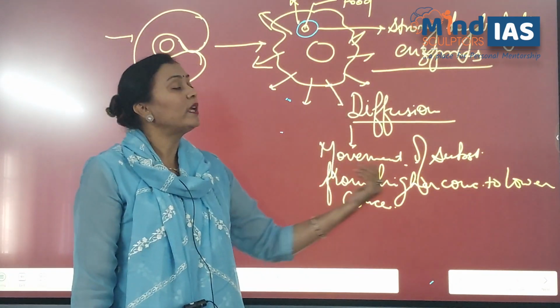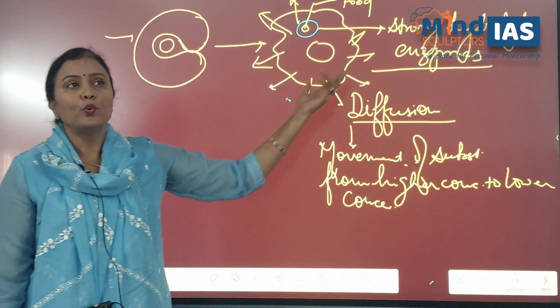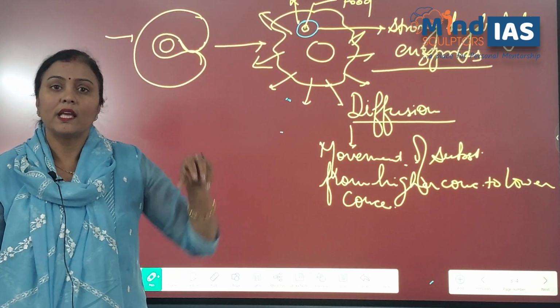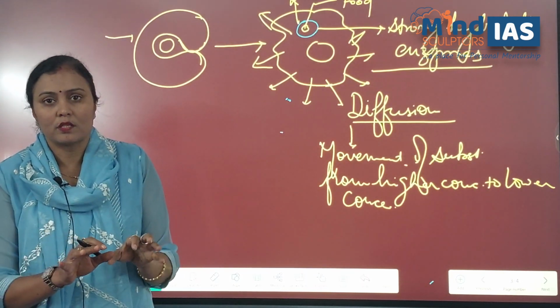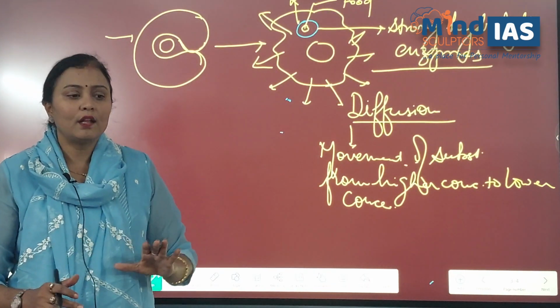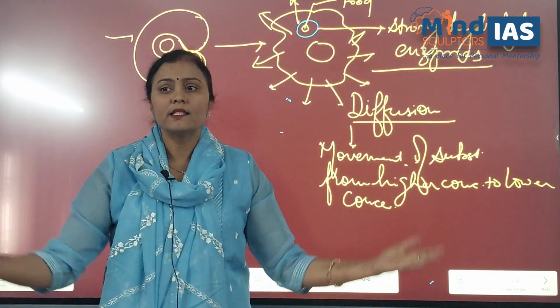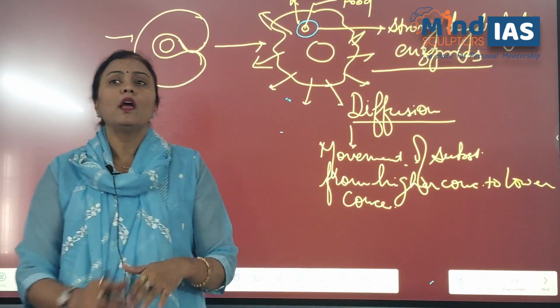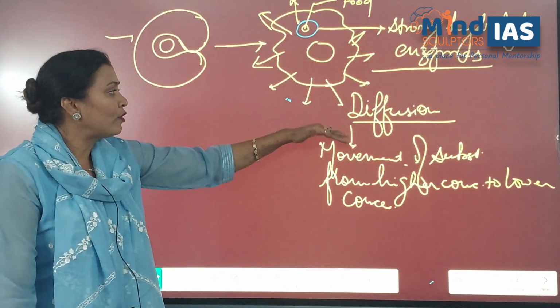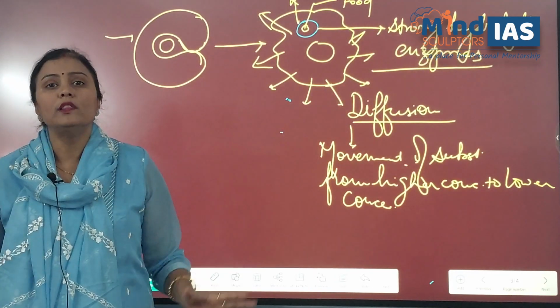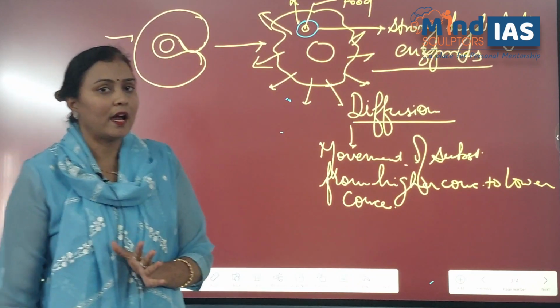So if this is so easy, why are we not doing diffusion inside our internal structures? We are doing osmosis and diffusion, but as an organism as a whole, we will not go for diffusion for all the needs. So what is the reason behind that?